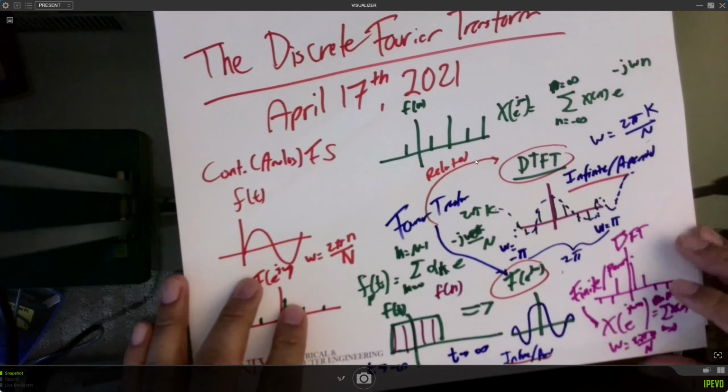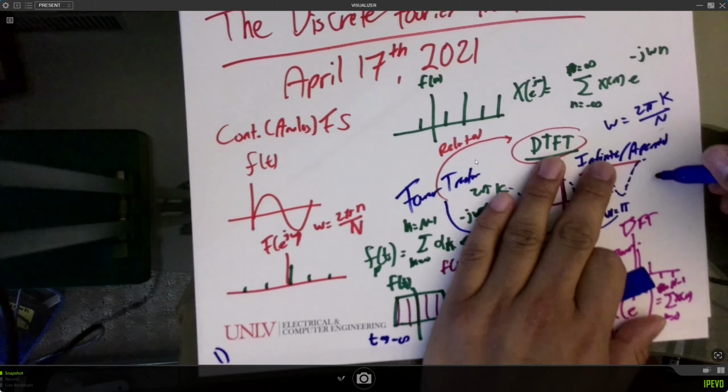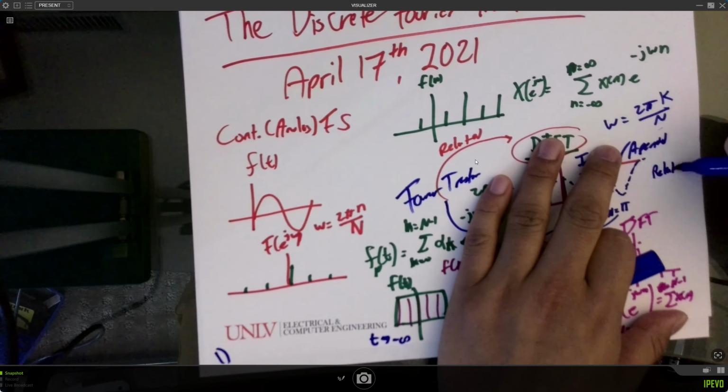So now that I got that out of the way, I tried my best to explain that, but you'll learn more about the discrete time Fourier transform in DSP, where you see this periodicity, which is going to be related to a unit circle, or relate to the Z transform. And that's a surprise tool for later.